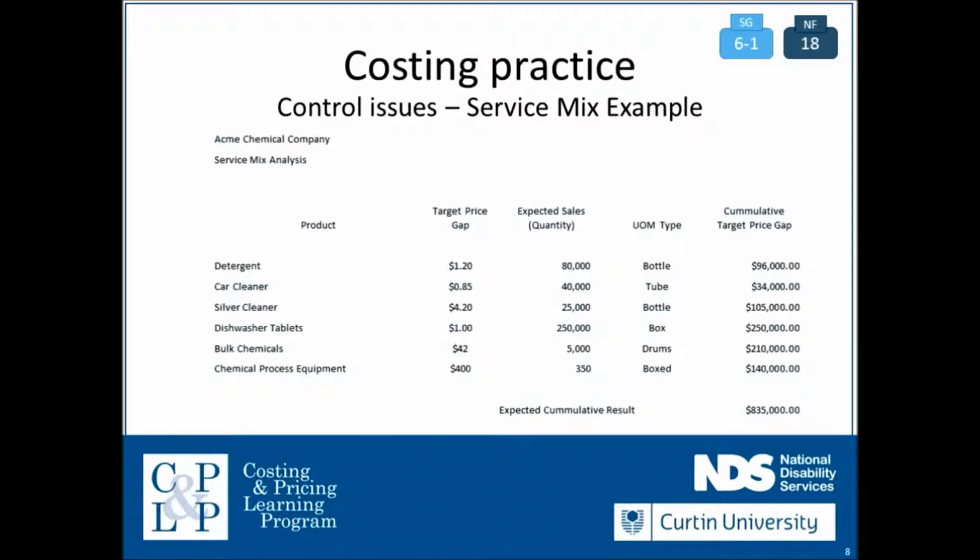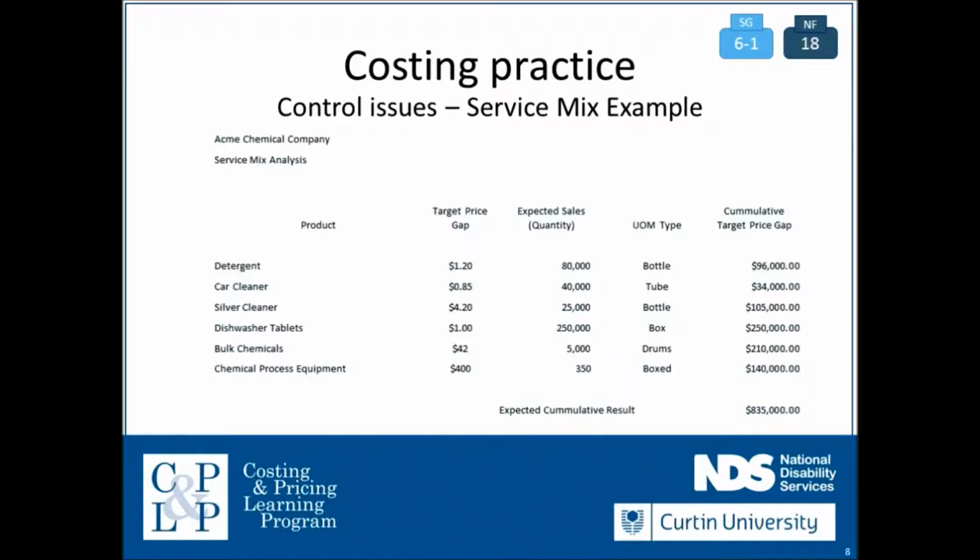This chart shows then the target price gap and cumulative target price gap for a chemical company that makes detergents, cleaners and so on, as you can see. It's important to note that all of the target price gaps are positive. This is fairly usual in a commercial entity. It's very unlikely for a commercial entity, of course, to accept a target price gap for a product unless it's a loss leader or they have some strategic purpose to that.